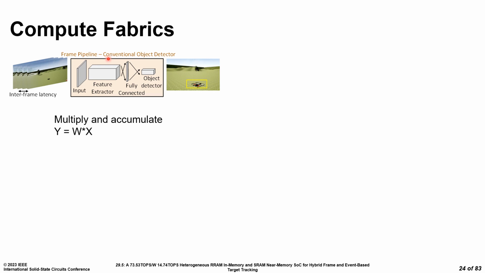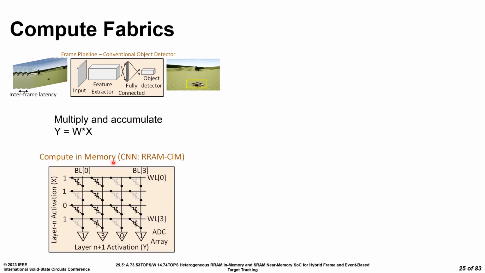Now to build an edge SoC with these two pipelines, we first analyze the compute requirements of them. The CNN uses well-known multiply and accumulate operations shown here, and compute in memory with resistive devices is one mode of processing that has shown high efficiency previously. Basically, the resistive devices are programmed in high and low resistance state, and the activations X are applied at the word lines as shown.